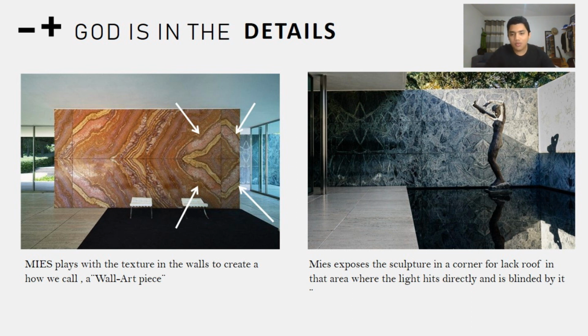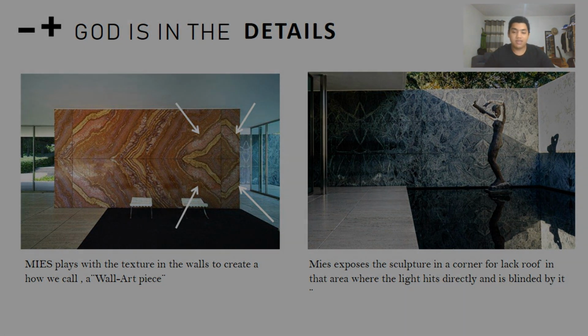In the second one, we can look at a sculpture in a corner. We can look at how the architecture of Mies led the light to enter directly into the sculpture, making a relation with its position.